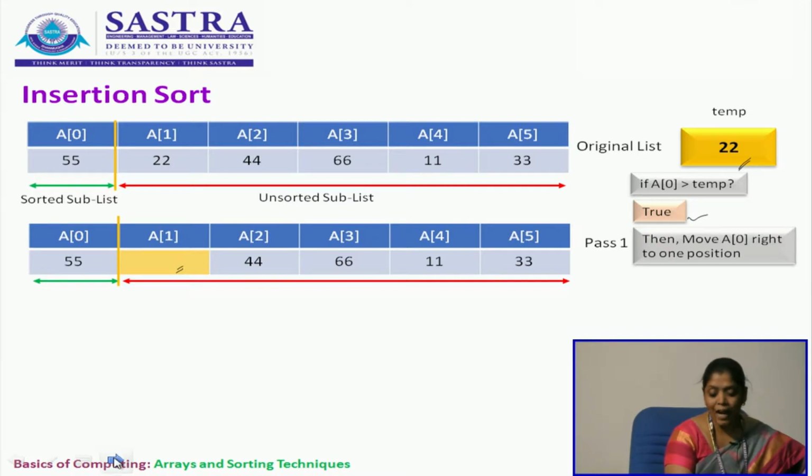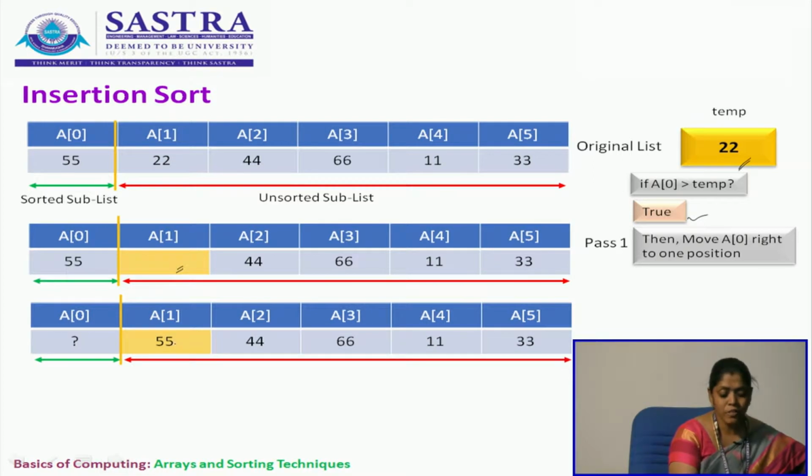So we have to move A of 0 one position to the right, that is, we move A of 0 to A of 1. So 55 is now moved to the position A of 1. It is not that we are actually swapping. It is not like 55 is moved and 22 is stored in A of 0 immediately. We have to move this, and A of 0 is still a question mark.